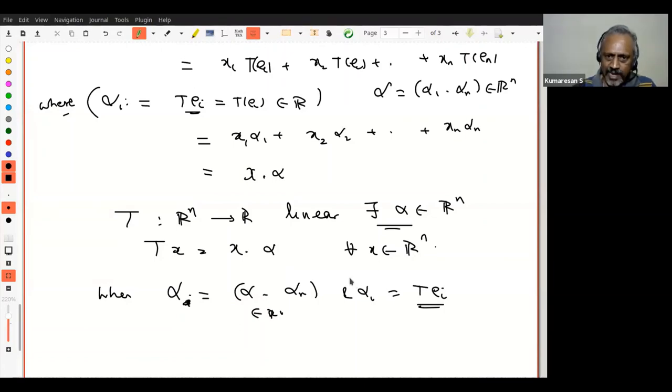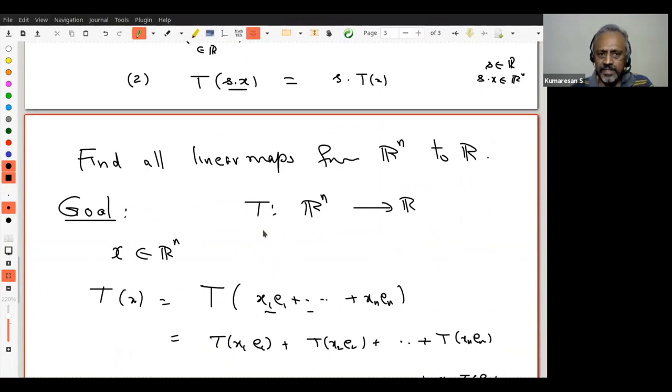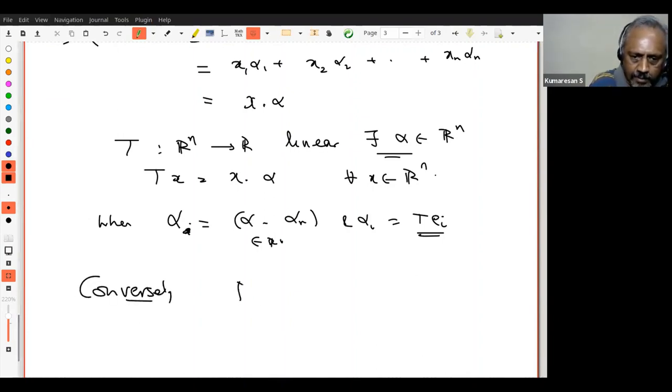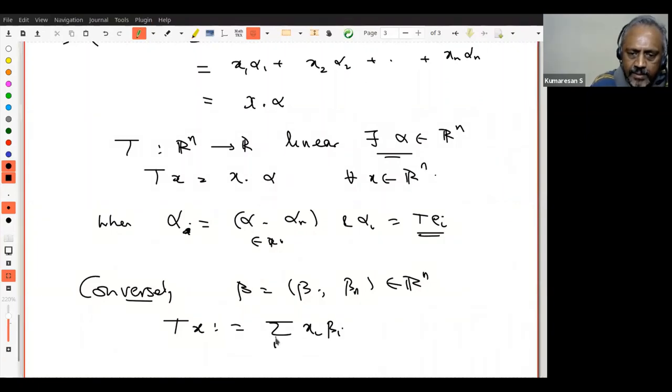Do you understand? So we actually found out any linear map T from Rn to R is of the form x dot alpha, where alpha is determined very precisely. Conversely, if beta equal to beta 1, ..., beta n is a vector in Rn, define T of x to be summation xi beta i, i equal to 1 to n, then T from Rn to R is a linear map.